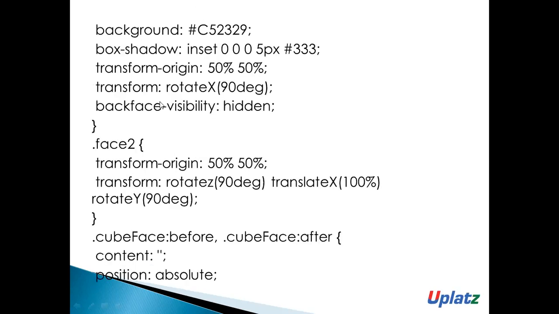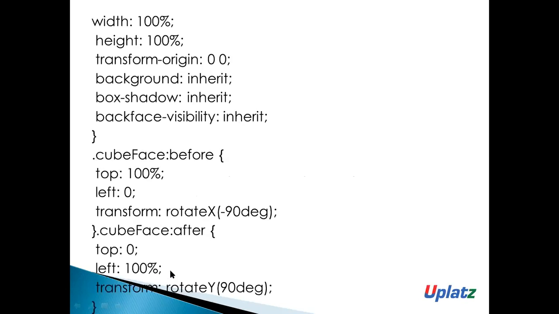So for that, I need to keep the faces, right? Transform origin 50-50, and rotate should be at 90 degrees, because it is 2D. The back face should be hidden, because in 2D only two faces should be visible and the remaining things should be hidden. So for face 2, I'm making a transform origin of 50-50, the same 90-degree rotate, with Z 90 degrees and Y 90 degrees. For cube face before and after, position should be absolute, with box shadow and backface visibility, everything I have mentioned.